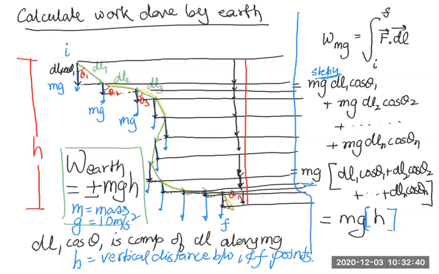So there are some forces for which the line integral is independent of path. That means the path does not matter. Whatever path you take, the work done will come out to be the same. The line integral will come out to be the same.